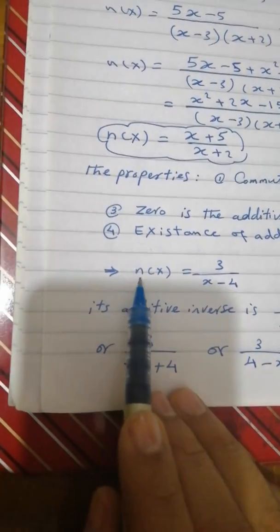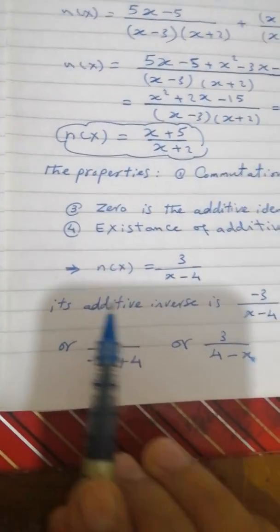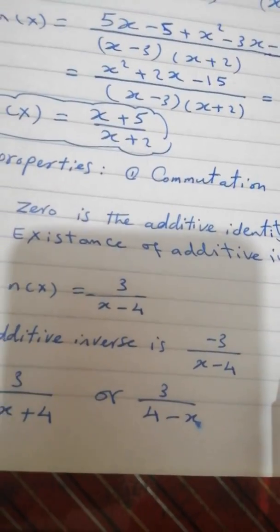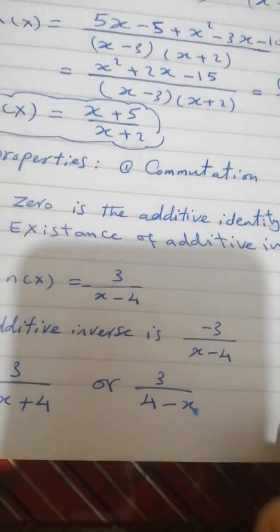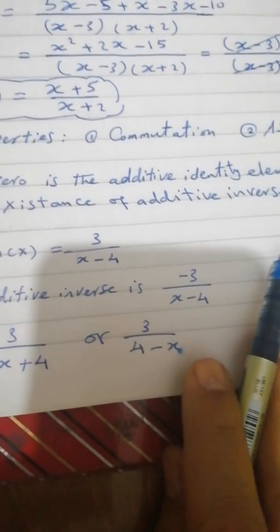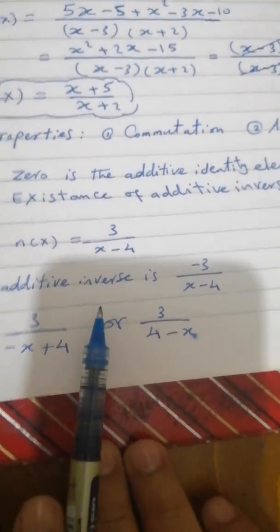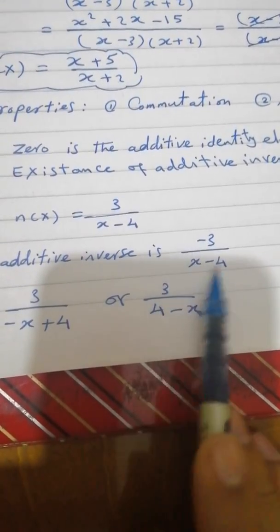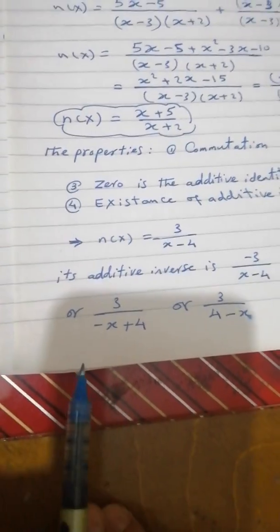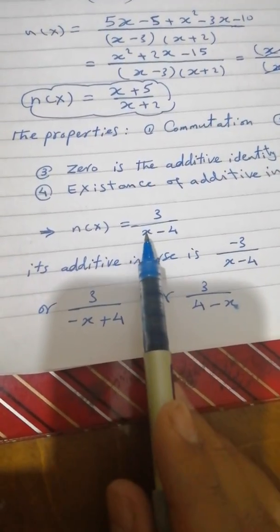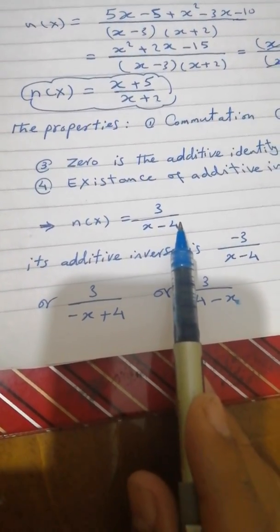For example, n of x equals 3 over (x minus 4). Its additive inverse is negative 3 over (x minus 4). In this case, we changed the sign of the numerator and the denominator as it was. Or 3 over (negative x plus 4).